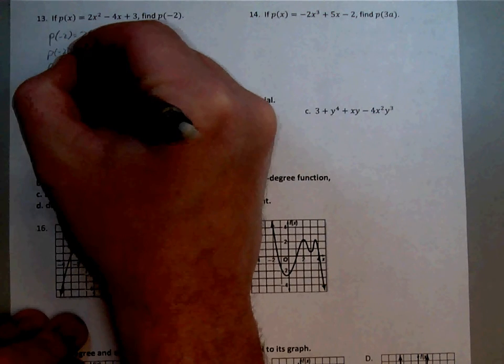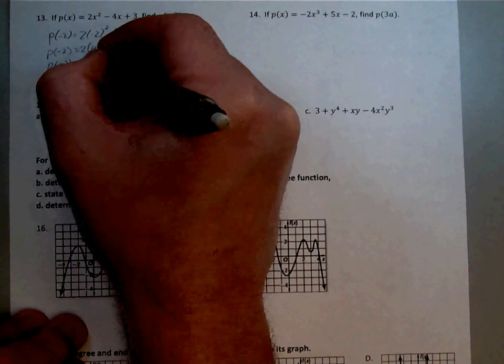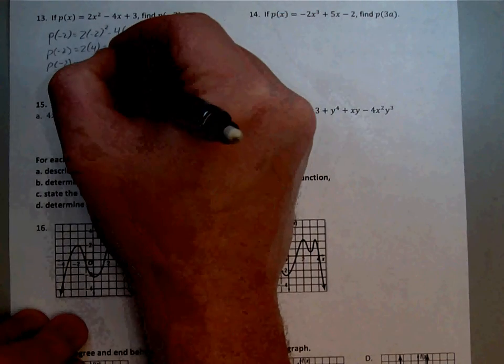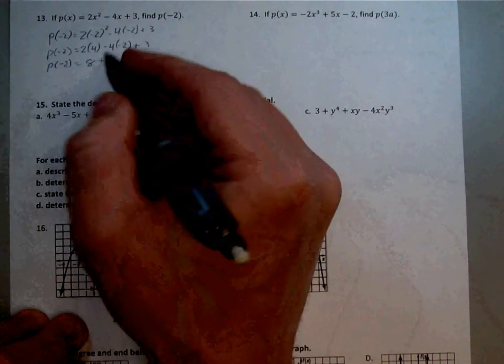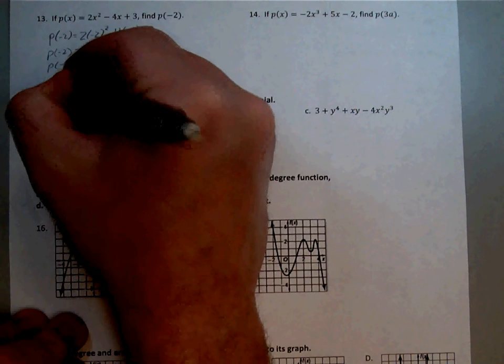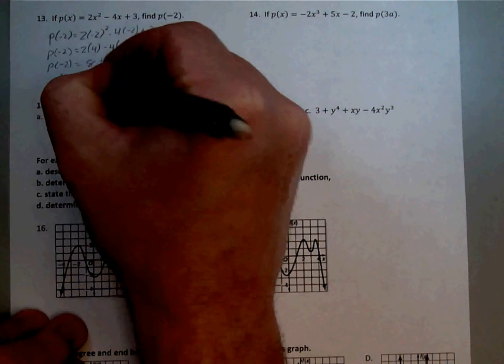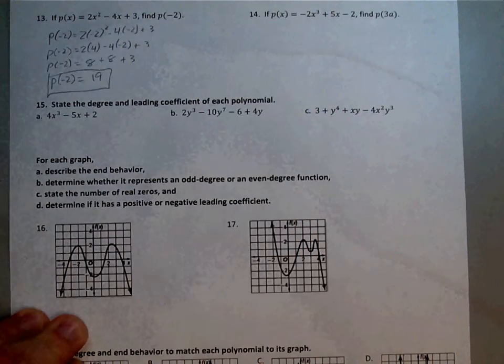So now I can do my multiplication. 2 times 4 is 8. -4 times -2 is positive 8 plus 3. 8 plus 8 is 16. 16 plus 3 is 19. So P of -2 is 19.